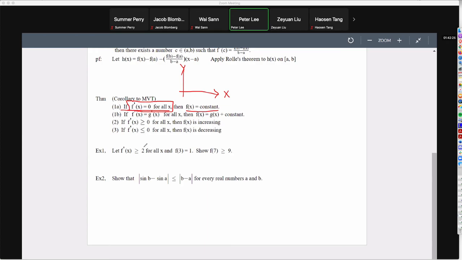What kind of graph can you draw? How can you graph a function f of x if the derivative is 0 for all x? There's only one way to graph it, right? How would the graph look?